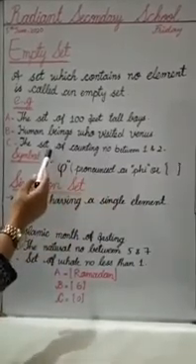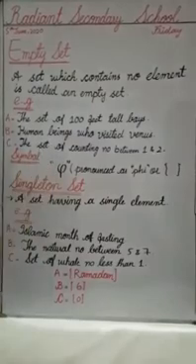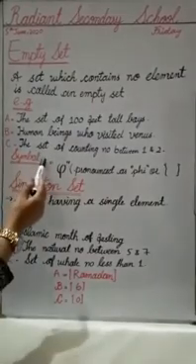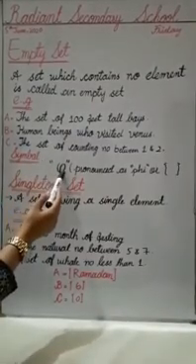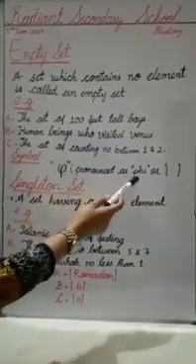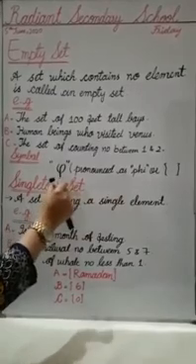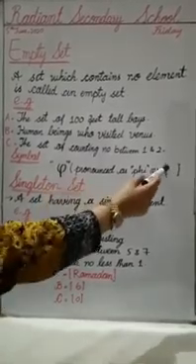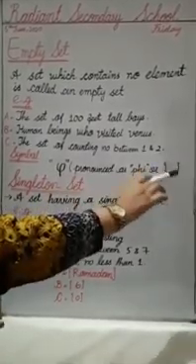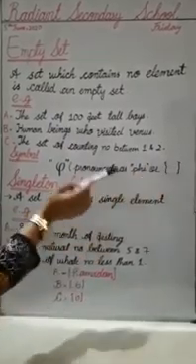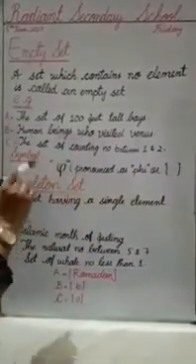Now, the question arises here, how will we write the empty set? The symbol for the empty set is this. This symbol is actually called phi, P-H-I, phi. Or instead of this symbol, sometimes we use simple empty brackets. These two are the representations of the empty set.